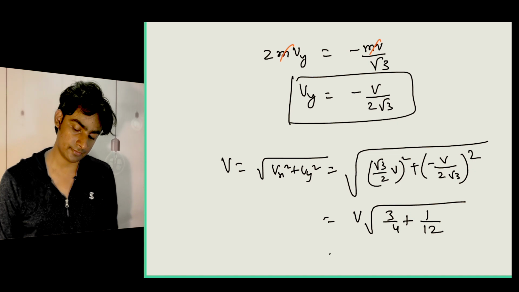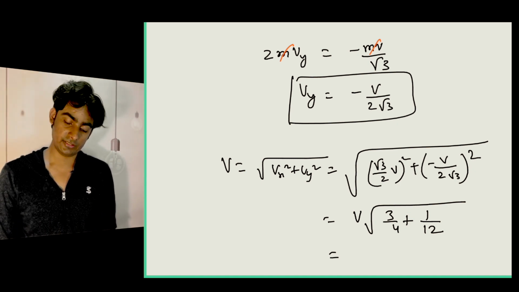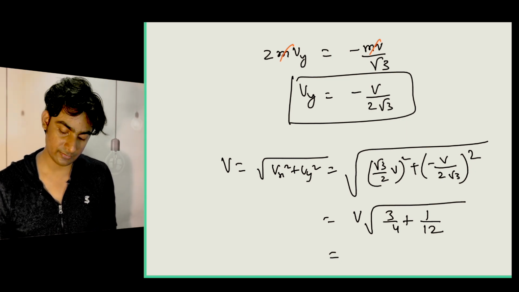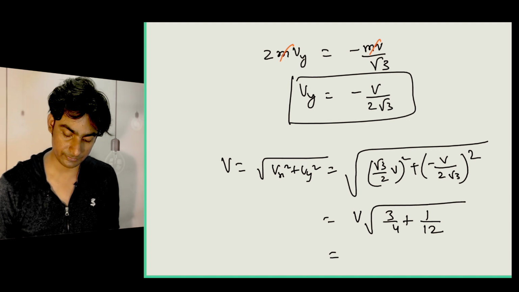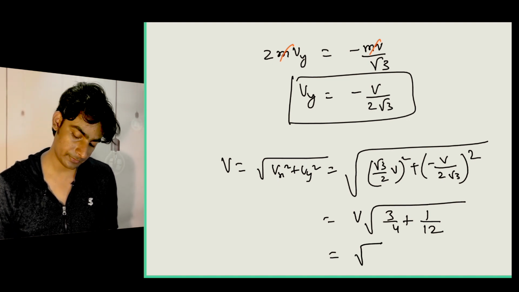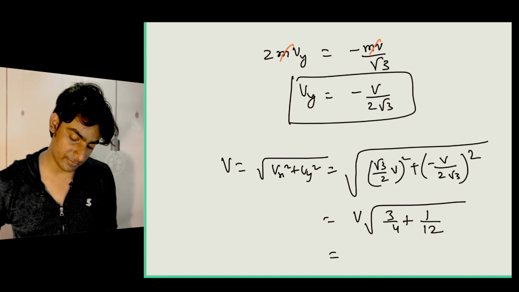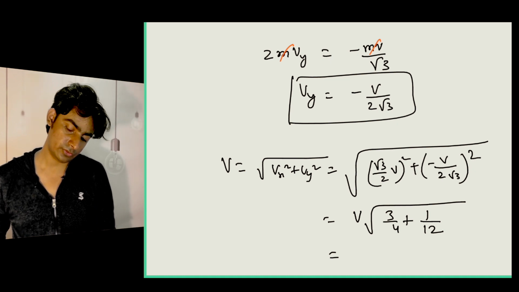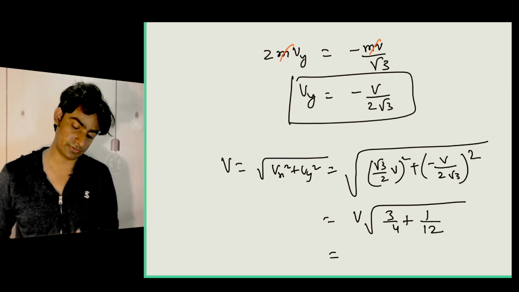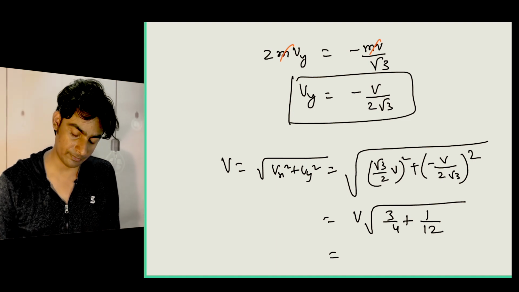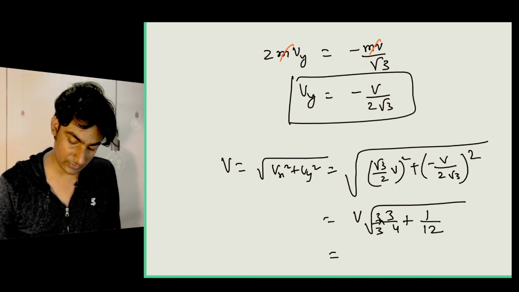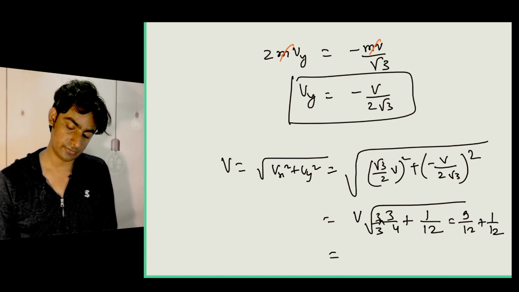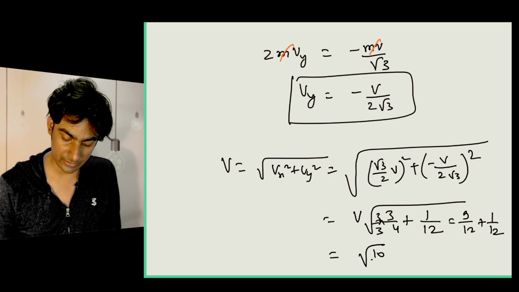We made a mistake earlier: 3 by 4 plus 1 by 12, since 2 into 2 into 3 is 12. Let's multiply 3 into 3, so you can write 9 by 12 plus 1 by 12, so 10 by 12. So root 10 by 12 v.